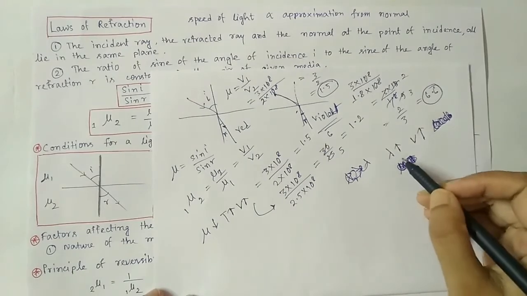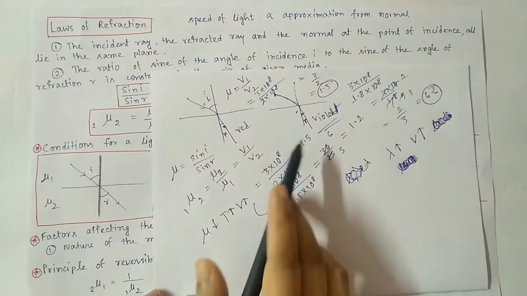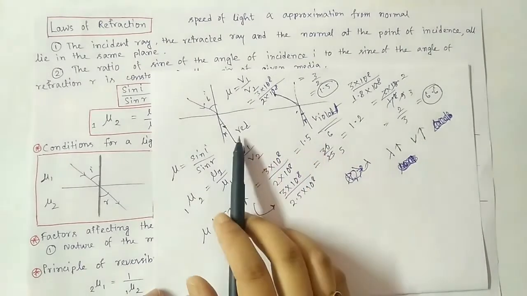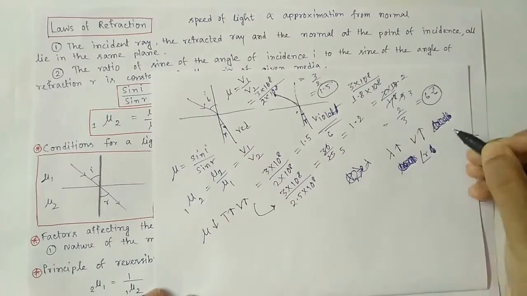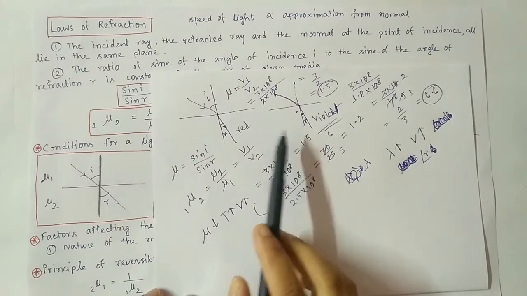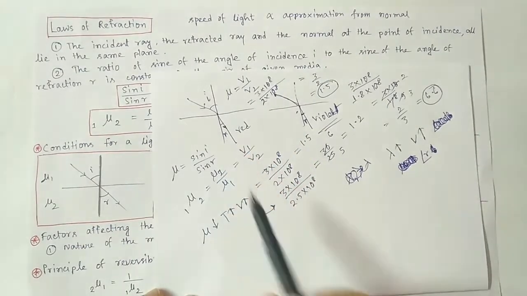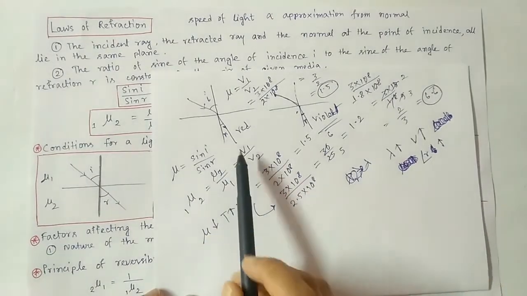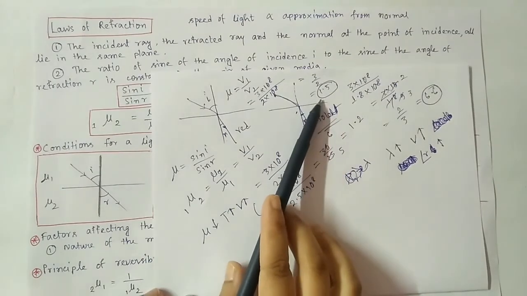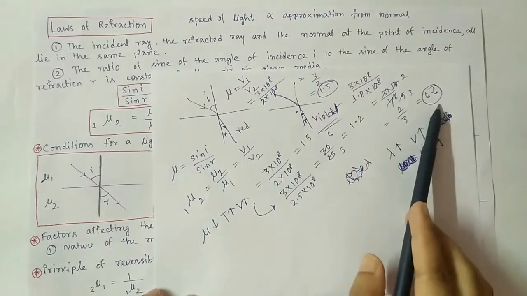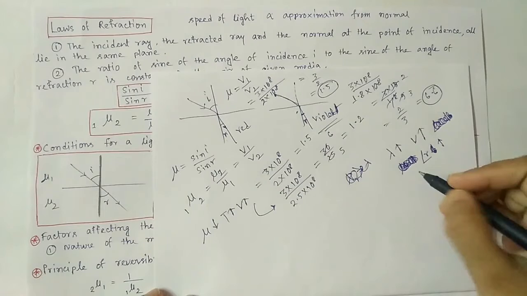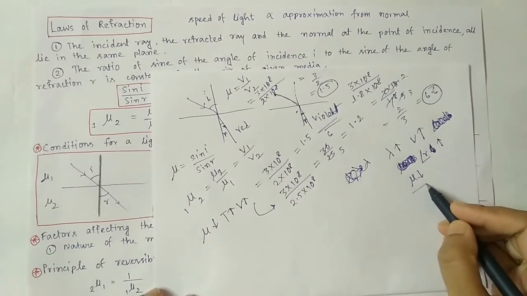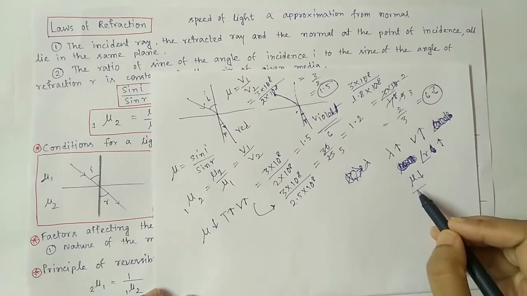So with an increase in wavelength from violet to red, the velocity of light in any medium will increase, and the angle of refraction will increase, and thus the refractive index will decrease. That is the reason why we say the value of the refractive index depends on the color of the light we use.